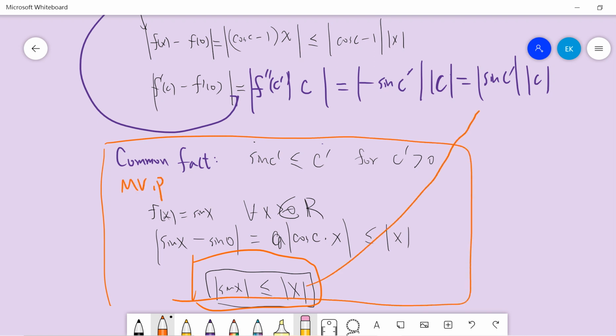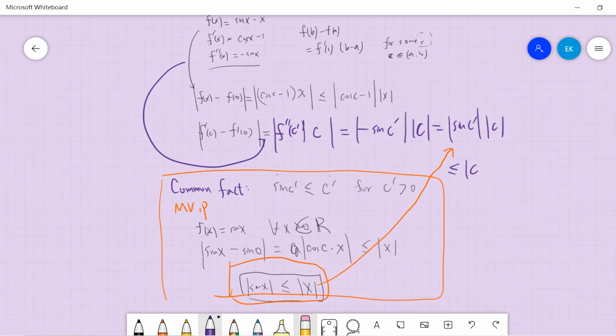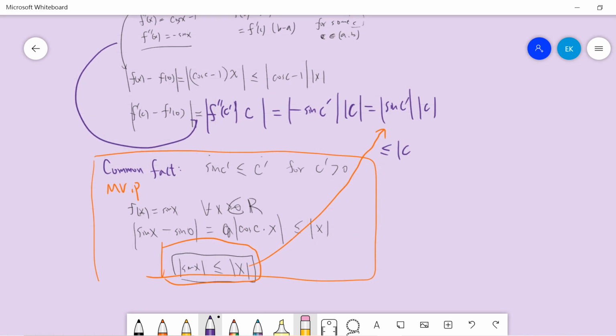So we plug into this. Remember, this is cosine c minus 1. So the absolute value of cosine c minus 1 will be smaller than c prime times c, so definitely smaller than x squared, since c and c prime are between 0 and x.